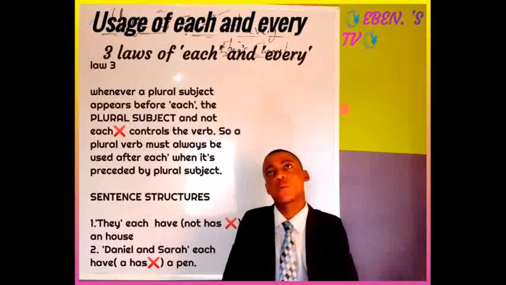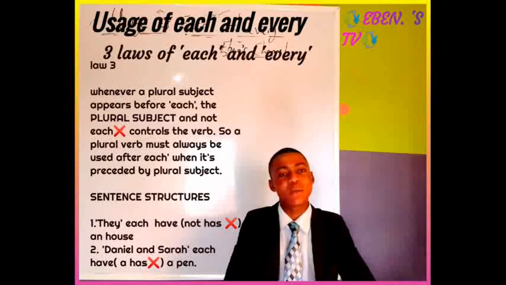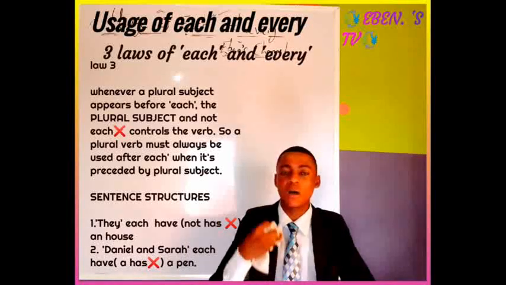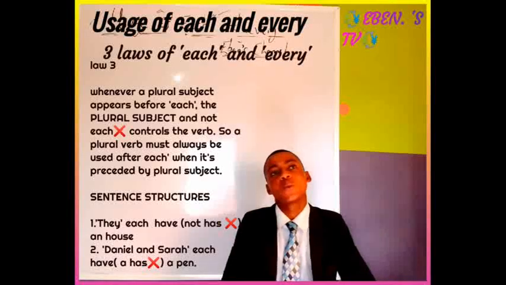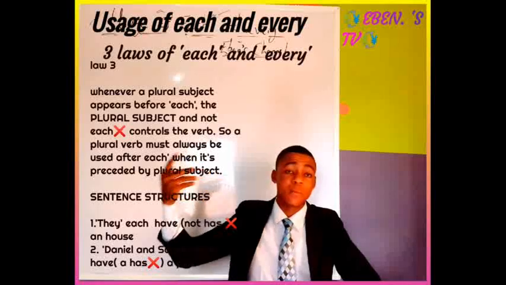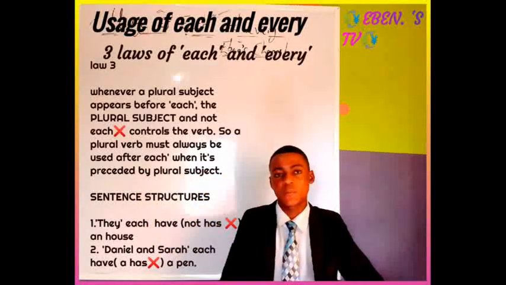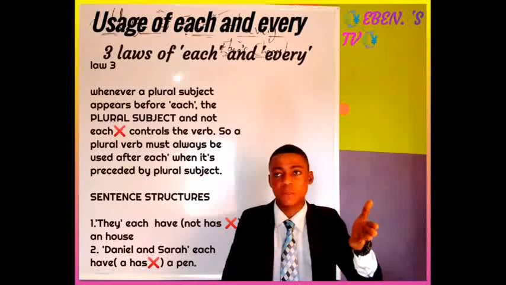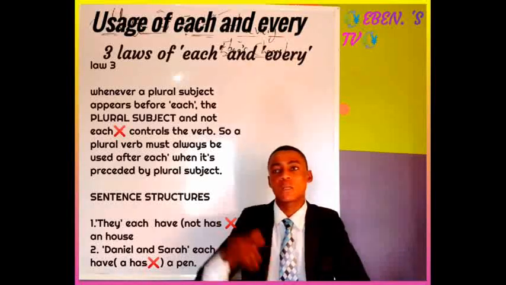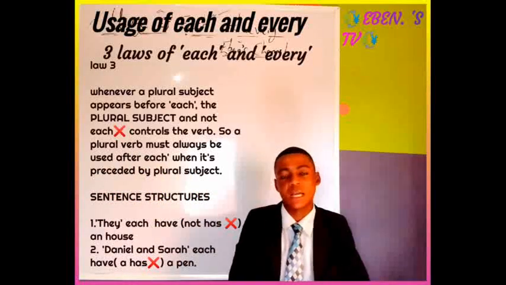So whenever you have a plural subject before the word each, you are expected to maintain a plural verb. For example: the houses each have a car. You have the word the, a plural subject, you have the word each, and you have the word have, not has.